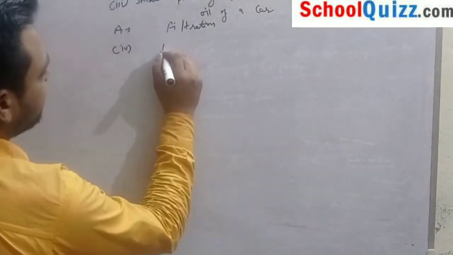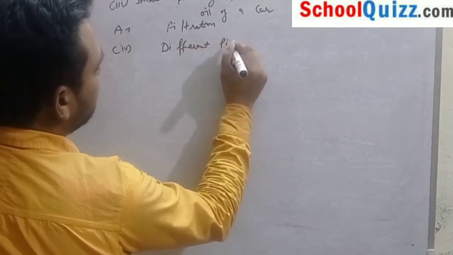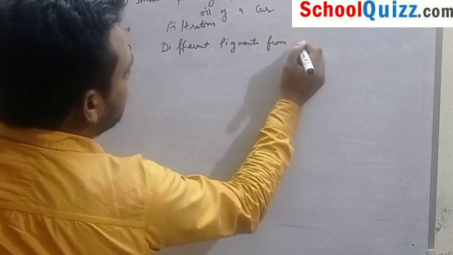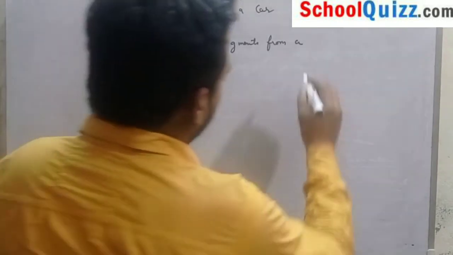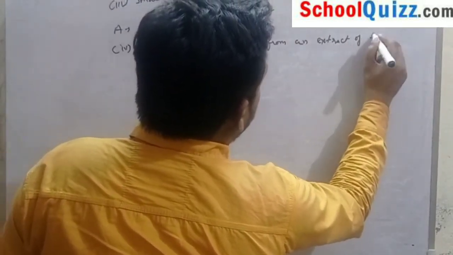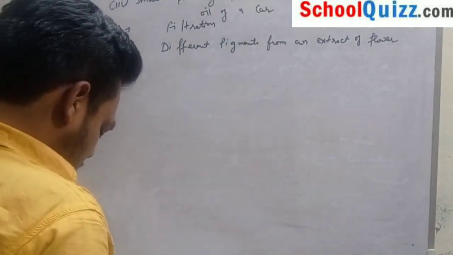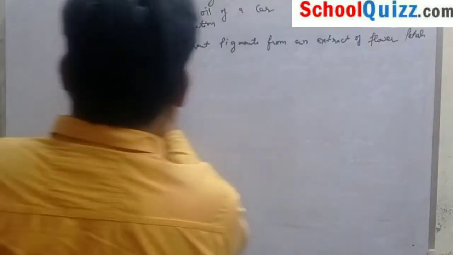The fourth one is different pigments from an extract of flower petals. So how can we separate that?